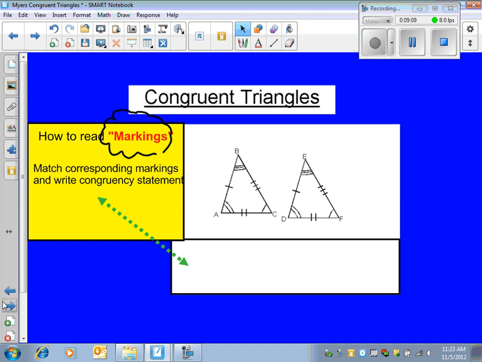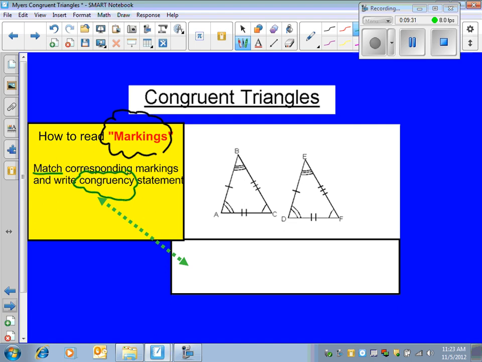That word is match. And we must match corresponding markings and write what we call a congruency statement. Gosh, that's a big word, congruency statement. What's that? Well, it's no more than saying something is congruent to something else.